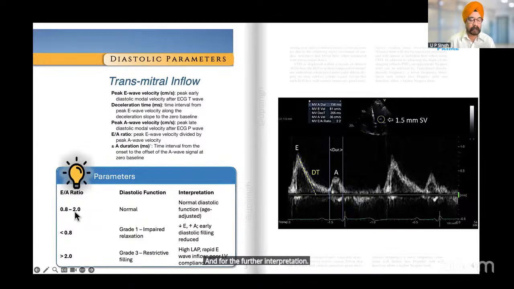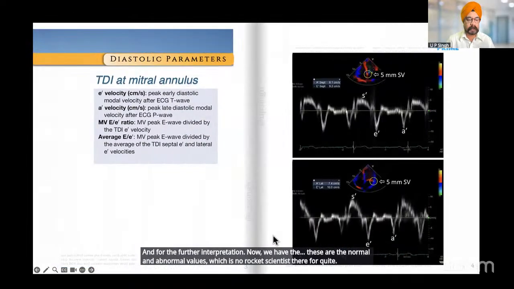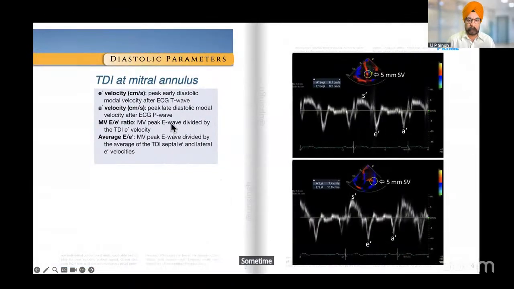Now, these are the normal and abnormal values, which is no rocket science, and has been there for quite some time.